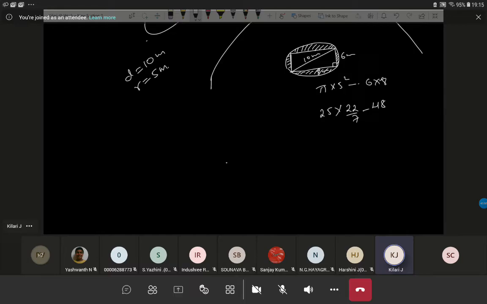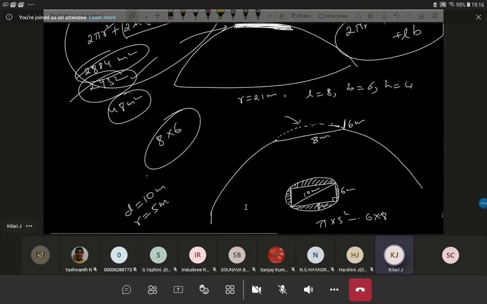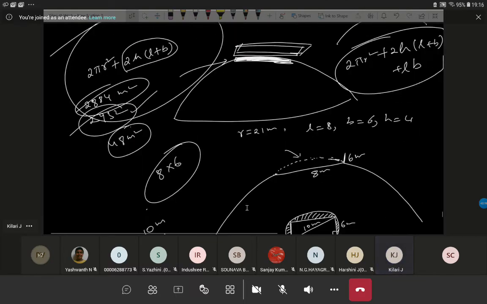Let us see. Then 2 pi r square, and again I have to subtract from it. This r is different again. Let us take the radius of the dome as r1.